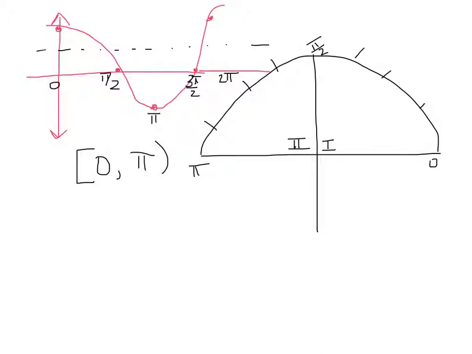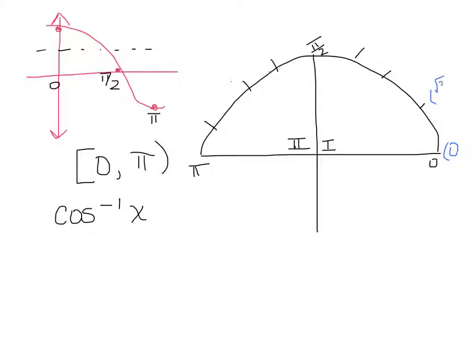And remember, this is cosine inverse. So they ask you to find the exact value. I'm going to erase these off so I'll have room. Remember, it's referring to the coordinates around the circle. And remember, cosine is the x, so that's 0. This would be square root of 3 over 2.